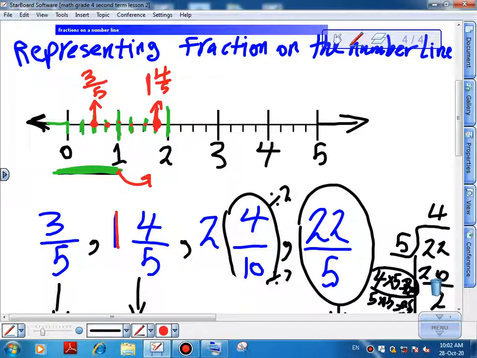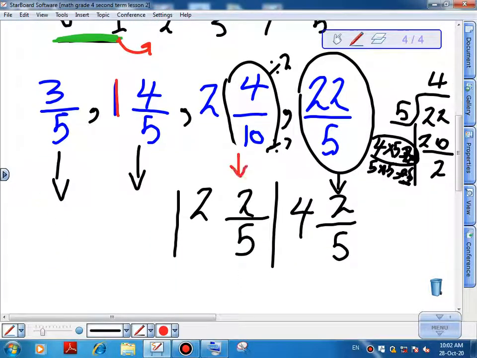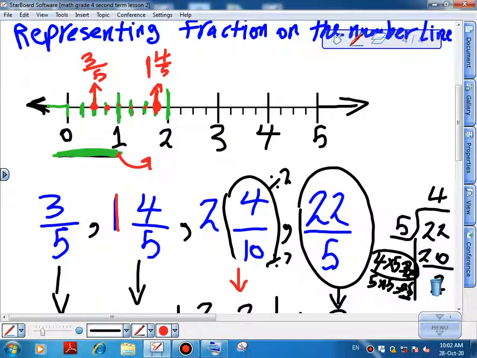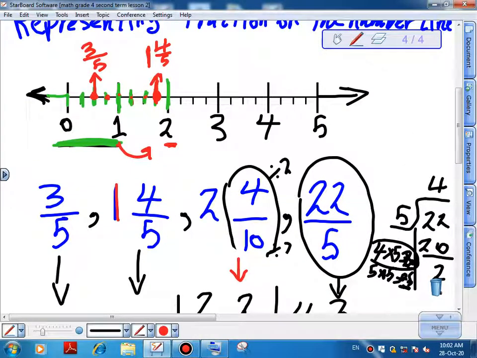The next one, 2 and 4 over 10, we converted to the simplest form, 2 and 2 over 5. 2 is the whole number, like this. 2 over 5 will be after 2. 1, 2, 3, 4, 5 parts.